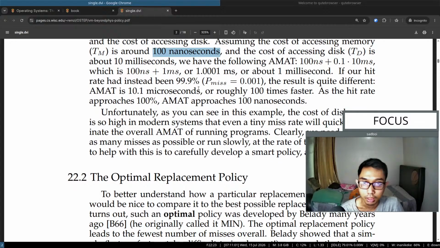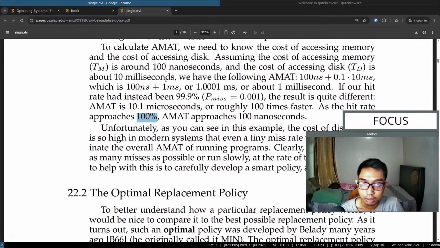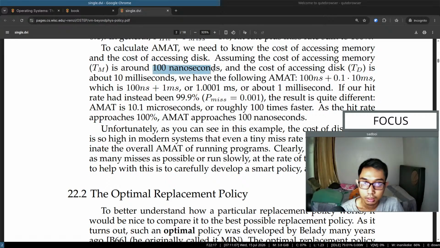I mean, if we have 100% hit, right, without any miss, then I guess we only need 100 nanoseconds for the average memory access time.